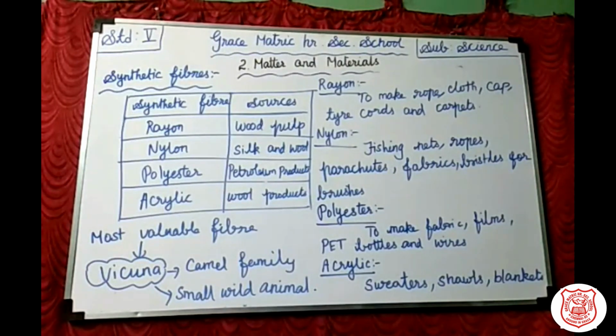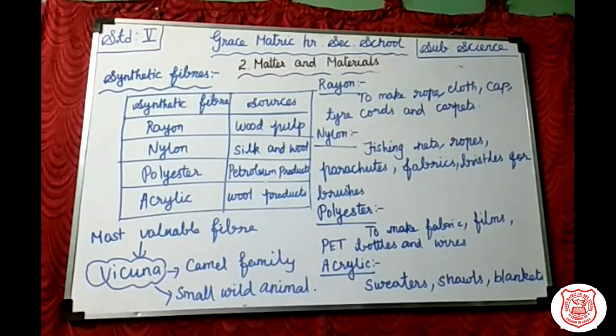From polyester we make suits and shirts, hoses, conveyor belts, films, film rolls, PET bottles and wires. Acrylic is used to make sweaters, shawls and blankets. So these are all the useful materials we get from synthetic fibers.